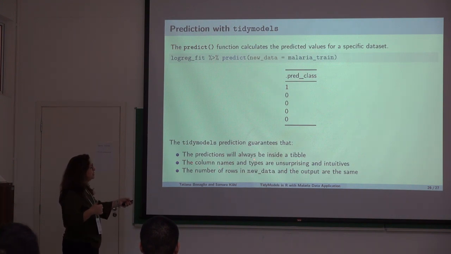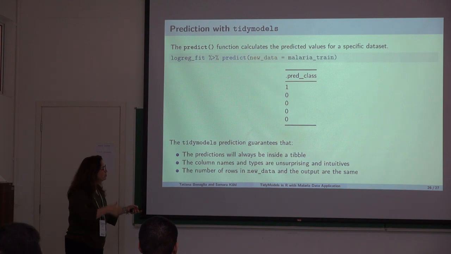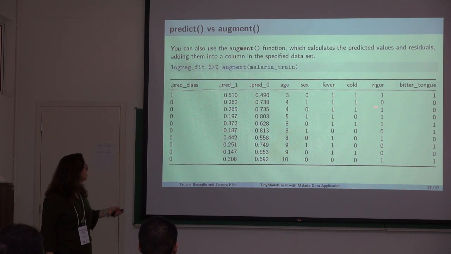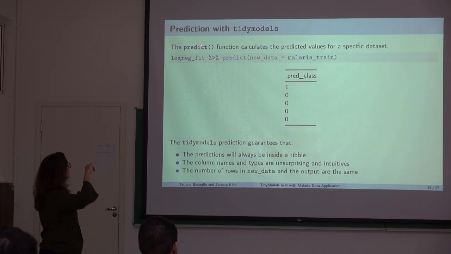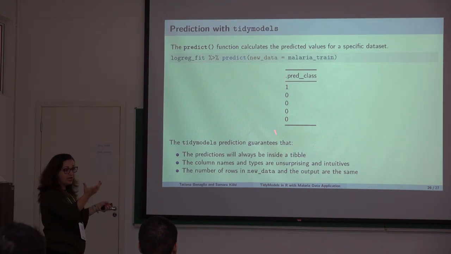The column names and types are unsurprising and intuitive, so it says pred class, okay? And the number of rows in the new data and the output are the same. So we have the predict, which we were used to, which gives you a data frame with one column of the predicted class.